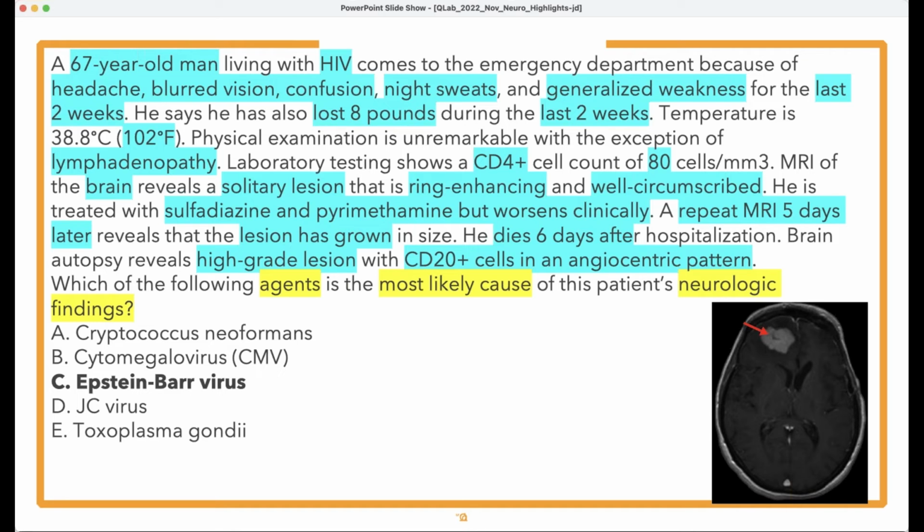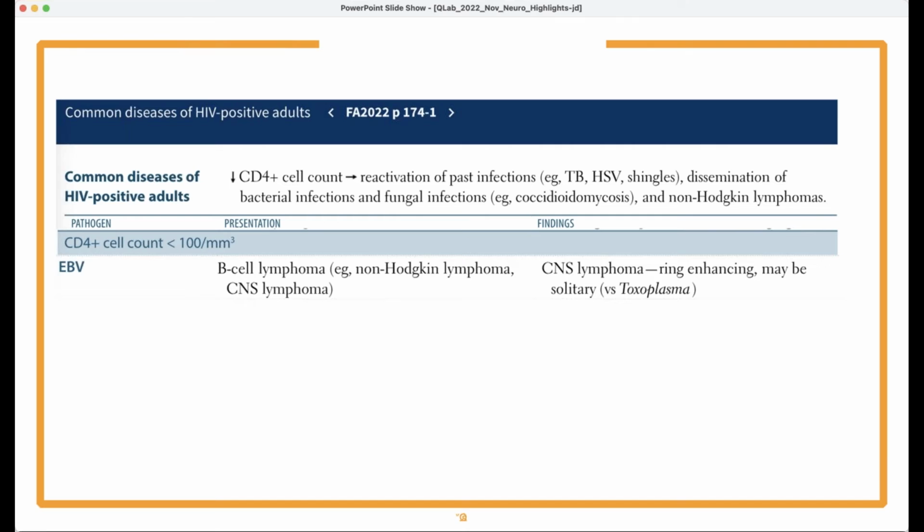Now that is a little bit more of a factoid that maybe not everyone knew, but there are still other clues in there to help get to that diagnosis, okay? Now this is a type of non-Hodgkin's large B-cell lymphoma. So if we take a look at the next slide, we can look at some of those common diseases of HIV positive adults.